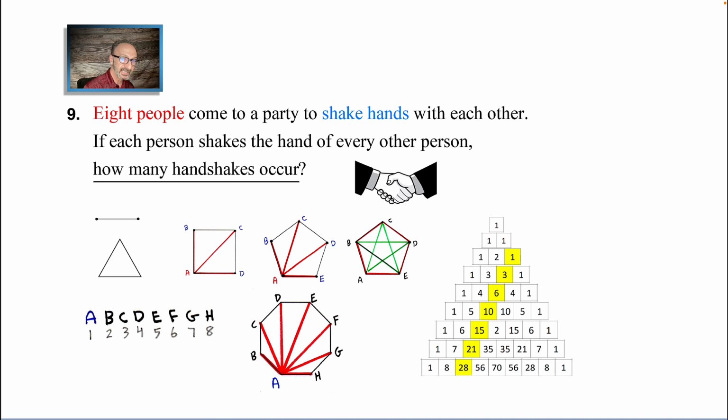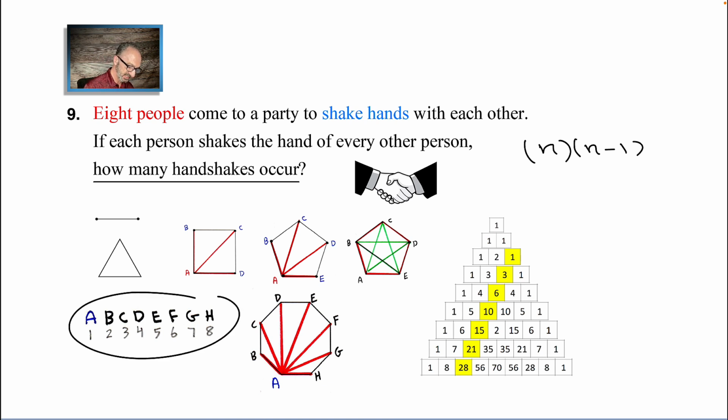When we have a number n, each one of them could shake hands n-1 times. For 8, we have 7 times, as we could see, for A, for each one. But because we're double counting, like AG is the same thing as GA, we're going to have to divide by 2. And that is the formula.